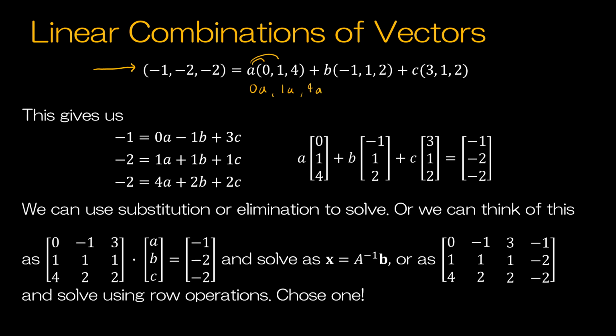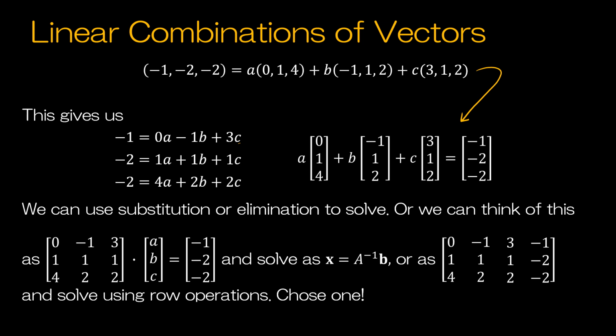And you can think about component-wise, -1 is equal to 0a plus -1b plus 3c, and then -2 is equal to 1a plus 1b plus 1c, and so forth. And you can write those three equations, and then that's just an algebraic equation. You can use substitution or elimination. Or you can think about this as the way that we just wrote it with column vectors.